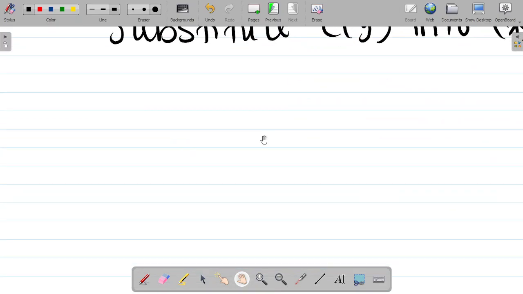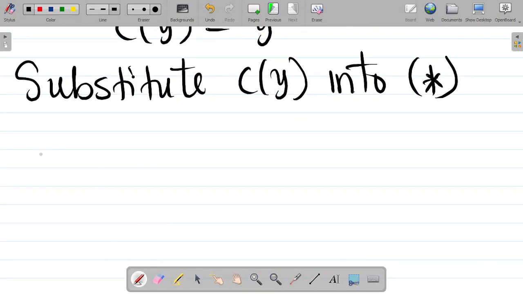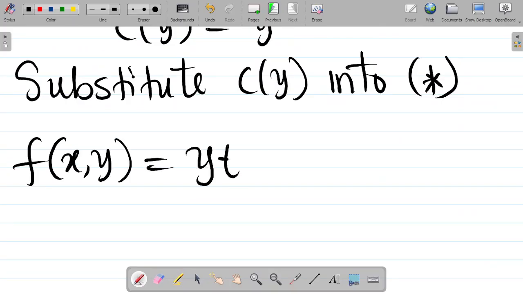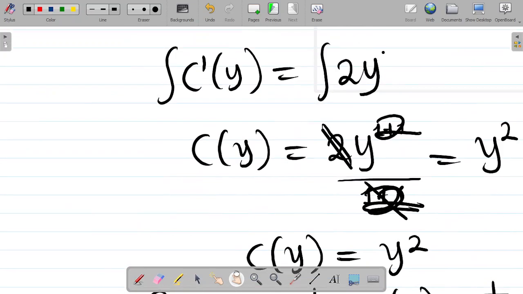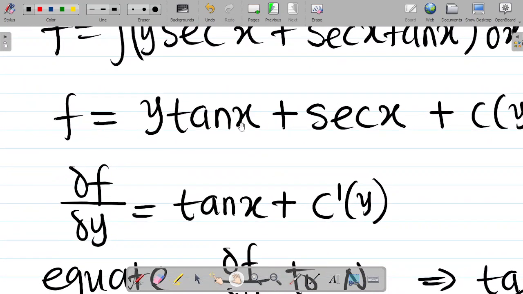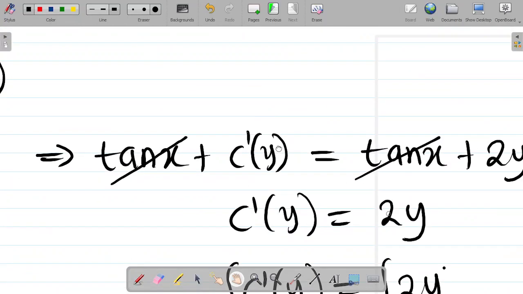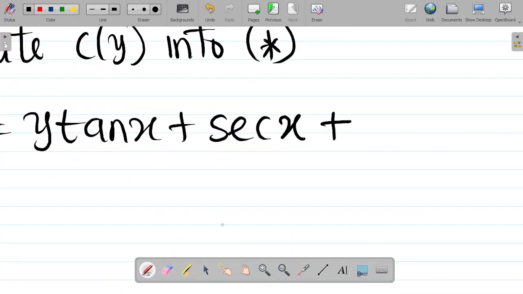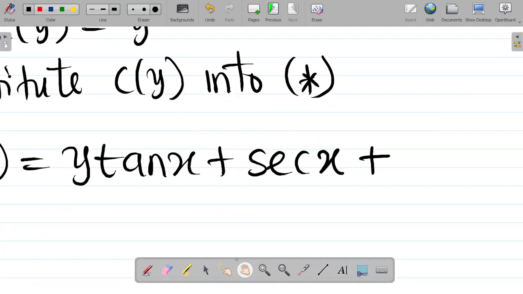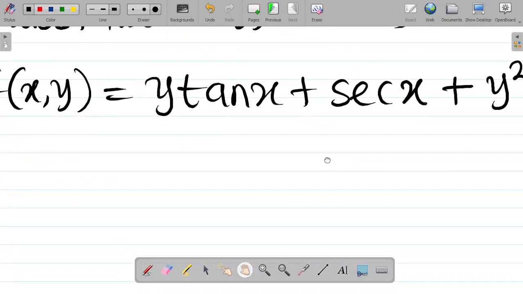So f of xy is equal to y tan x plus sec x plus c of y. So this plus, what's the value of c of y? The value of c of y is y squared. So plus y squared. We have this. All right, so this is the value of f of xy.